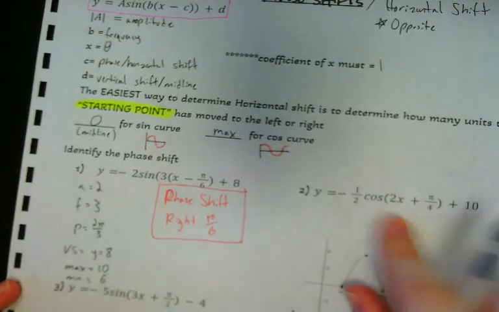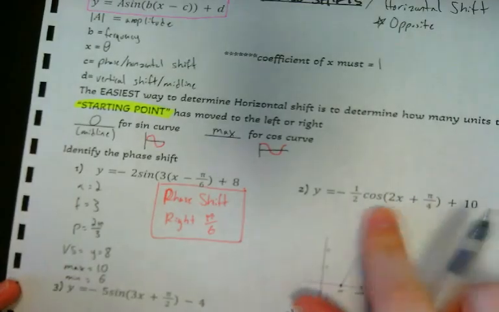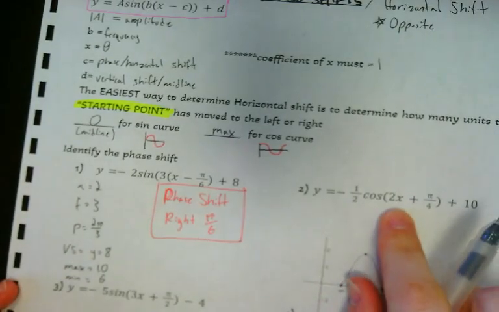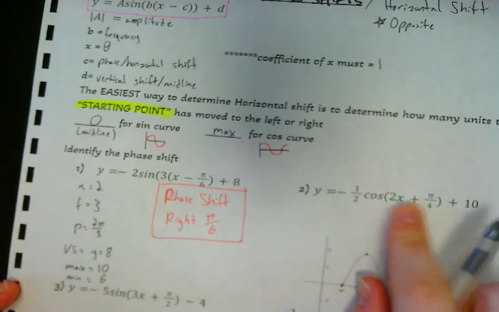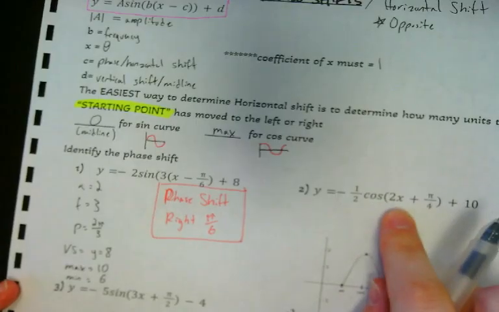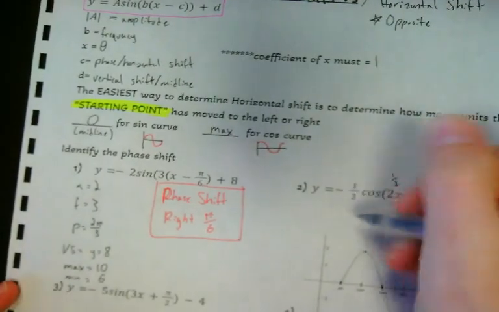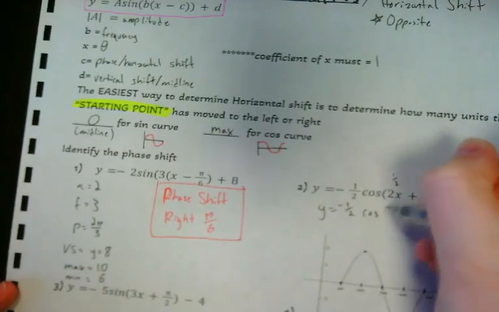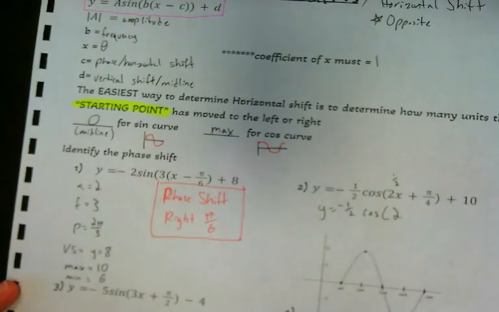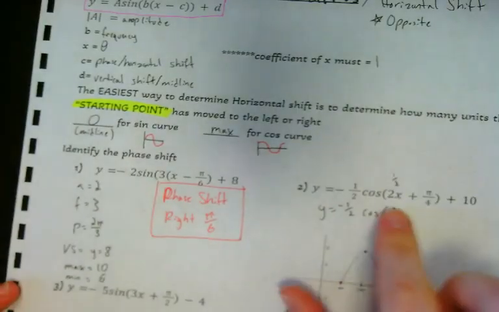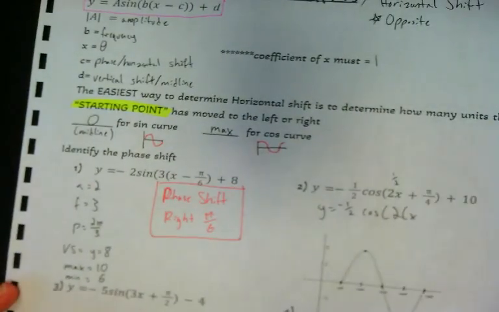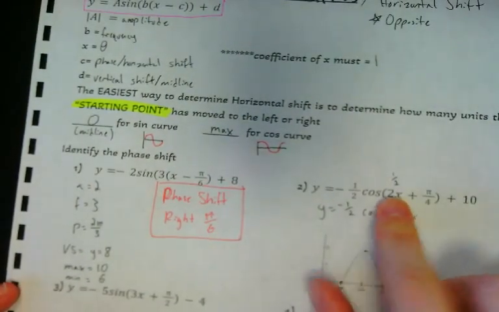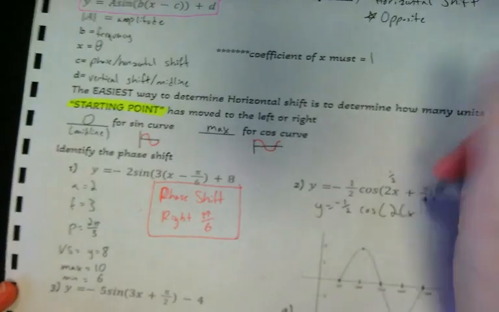If I want to pull out a 2 from this whole thing, what am I multiplying this 2x by to get this 2 out of the x? 1/2. I'm multiplying this by 1/2, right? So I can get y equals -1/2, just copying. Pulling out my 2, if I multiply 2x by 1/2, I just get x. So if I'm multiplying this by 1/2, I also have to multiply this by 1/2 as well.